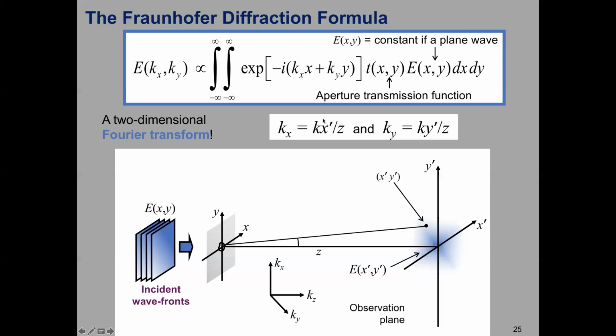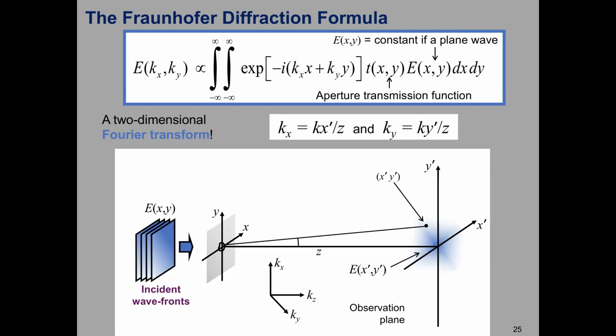And that will give us the wavelength in there. And so that will give us a function that we can then graph. So we can graph the electric field as a function of x prime and y prime on our screen. And the maximums of that function will tell us where the bright fringes are. The minimums of that function will tell us where the dark fringes are.